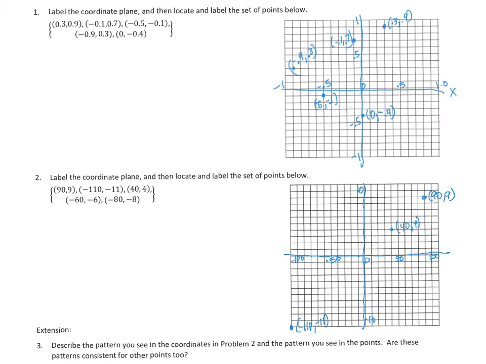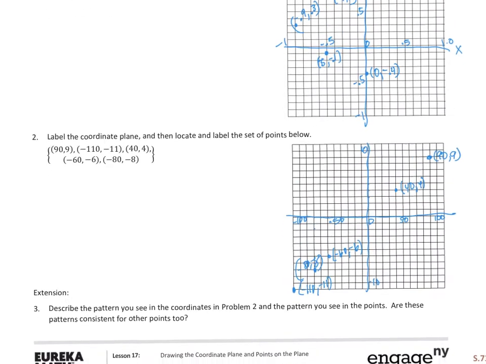And then negative 60, and 1, 2, 3, 4, 5, 6. So negative 60 and then negative 6. Negative 80, there's 100, so back up 2. Negative 80 and then go down, right here is negative 80 and negative 8. Okay. Again, that one's hard to see too.